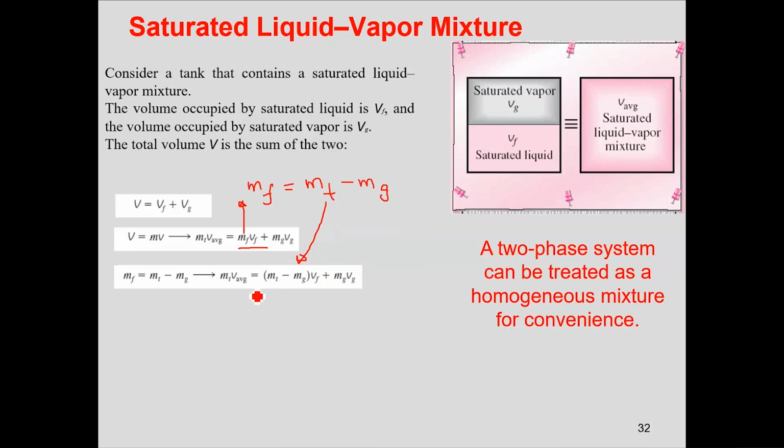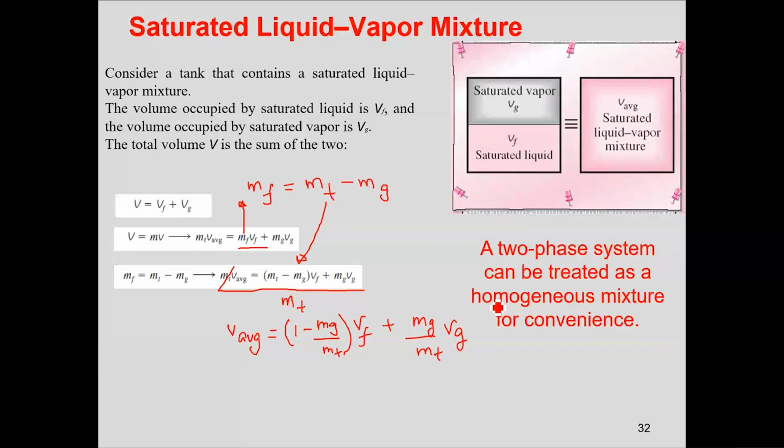All right. Now if I divide the whole equation with total mass, this would cancel out and I would have V average, specific volume average, equal to 1 minus mg over m total multiplied by specific volume Vf plus mg over mt into specific volume Vg.